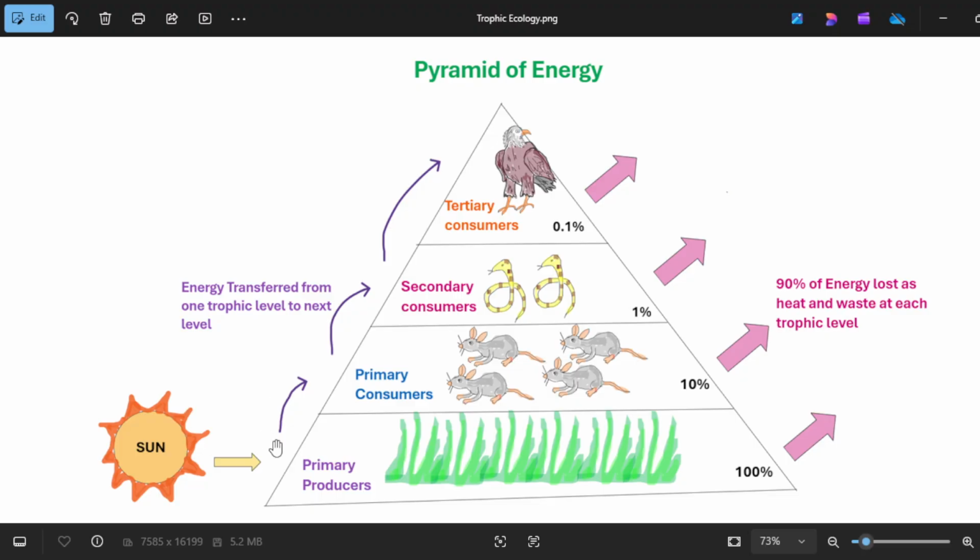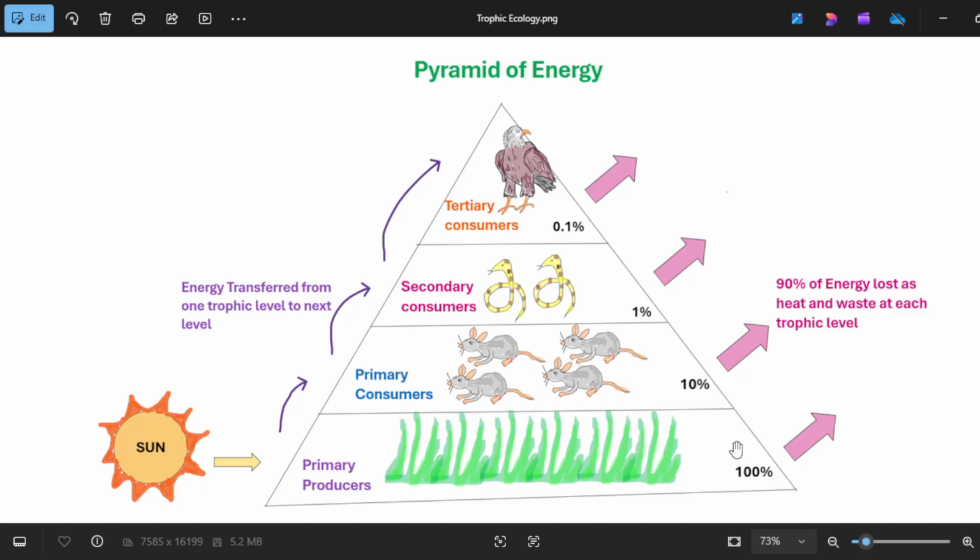Now what is happening is, see, the energy is being passed from here to here, from here to here, and then from secondary to tertiary. So finally it reaches the tertiary. And at each level, what you have observed here is 100%, 10%, 1%, 0.1%.